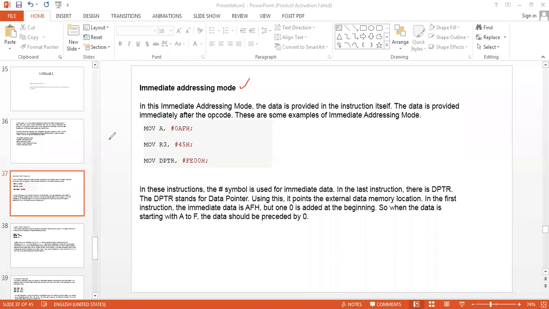Akshata, Rohini. So many students are there, but no one is replying. Fine. So I will move on to the next addressing mode.